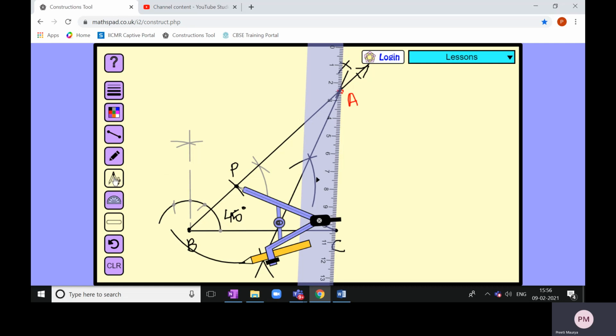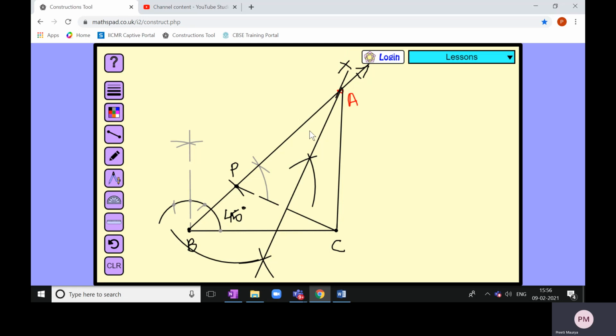Let me choose the color. Yes, and hence I have obtained the difference of the two sides AB and AC equal to 3.5. Okay, so triangle ABC is the required triangle.